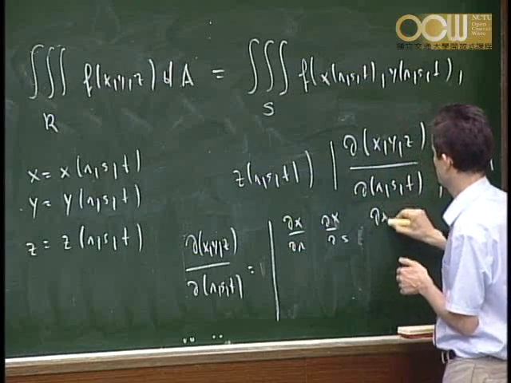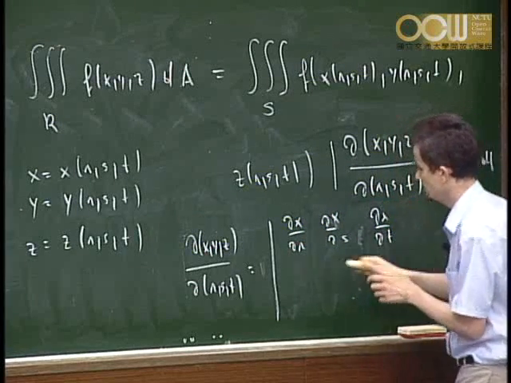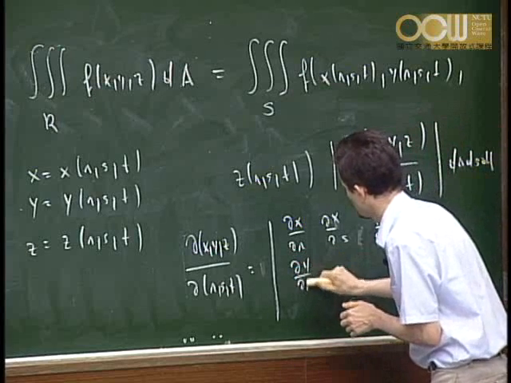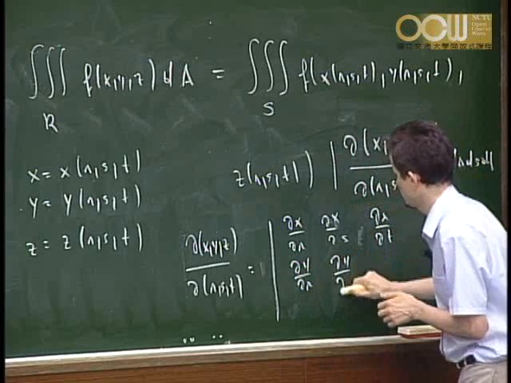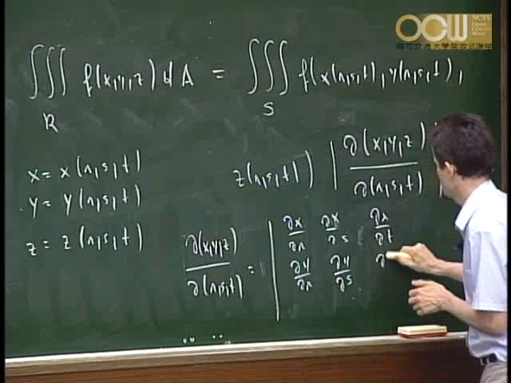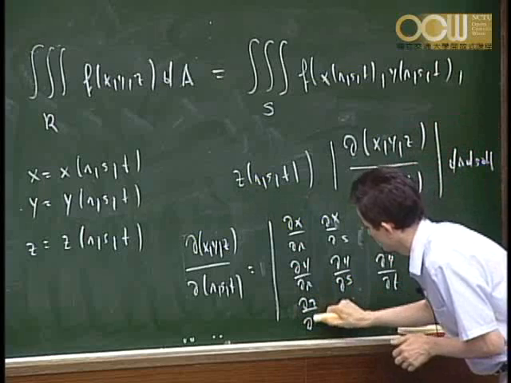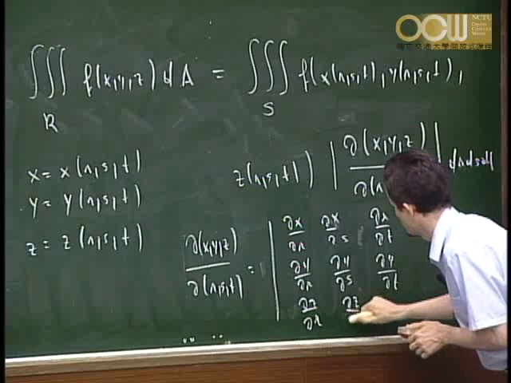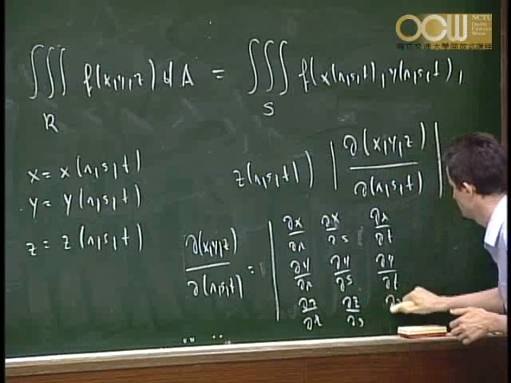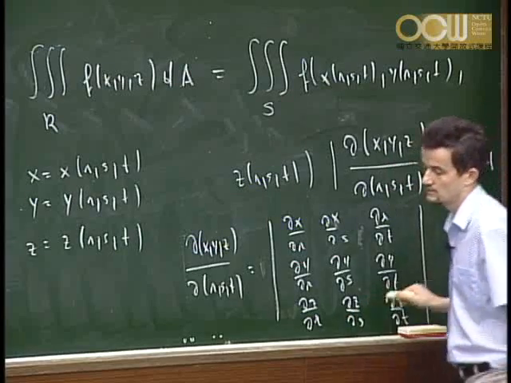This is the partial derivative of x with respect to t, the partial derivative of y with respect to r, the partial derivative of y with respect to s, the partial derivative of y with respect to t, the partial derivative of z with respect to r, the partial derivative of z with respect to s, the partial derivative of z with respect to t.